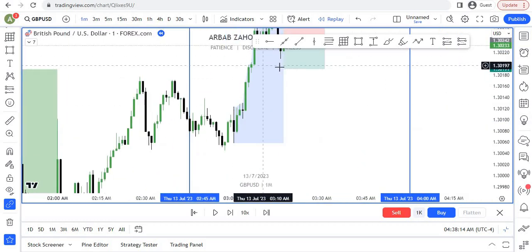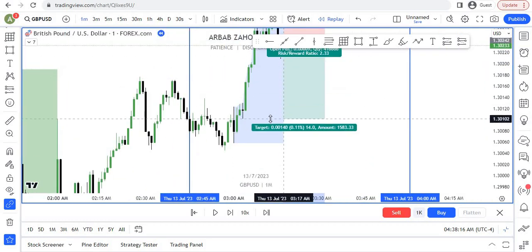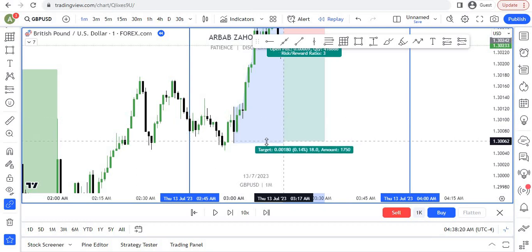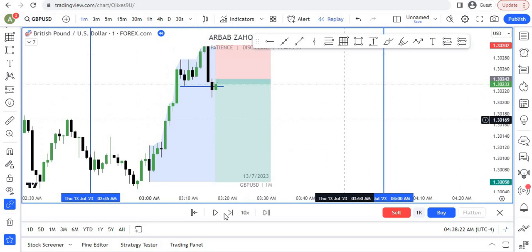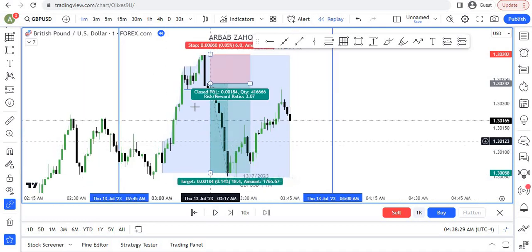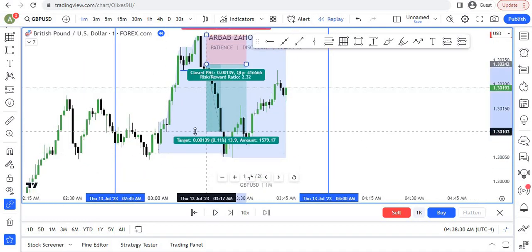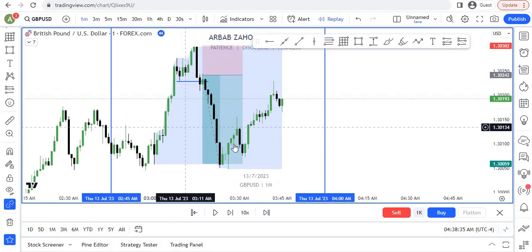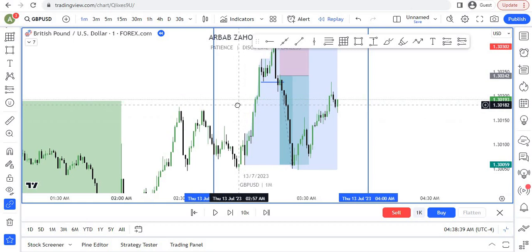We have 15 pips here. Let's see, we are here, 18 pips. Here you will learn as well. See, after almost 15 pips, or the liquidity area, we hit here, we got the upside. So if we get more greedy, we might miss a chance.